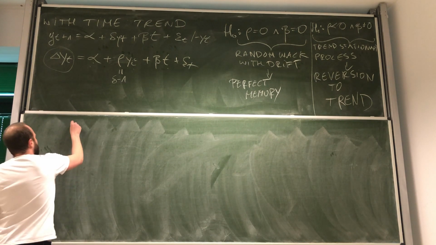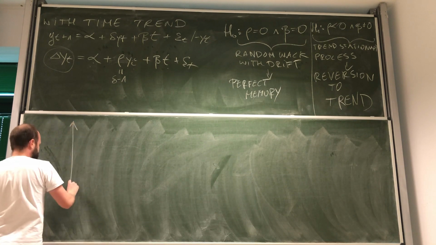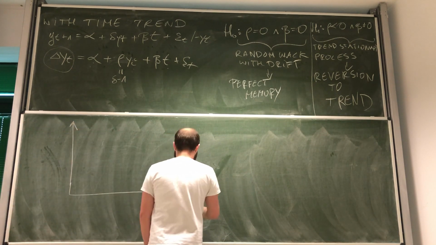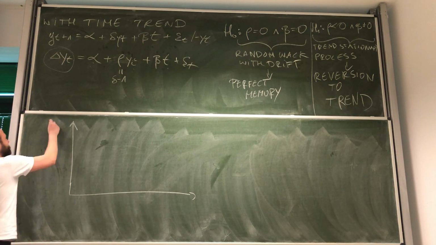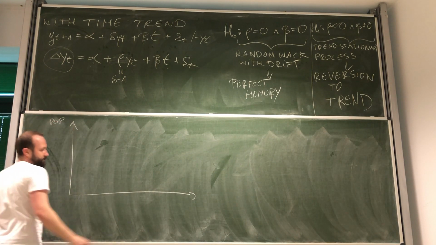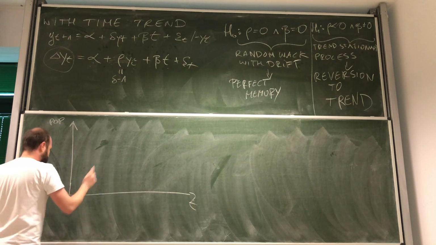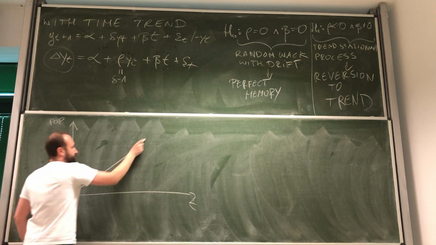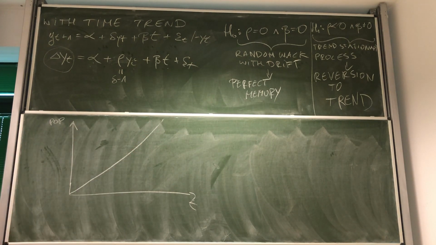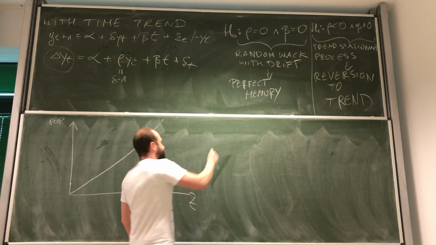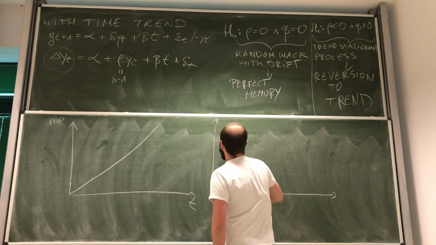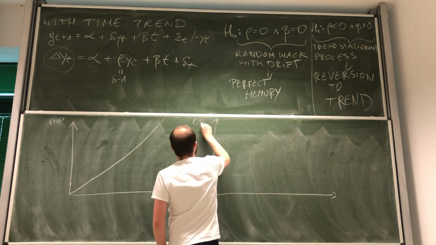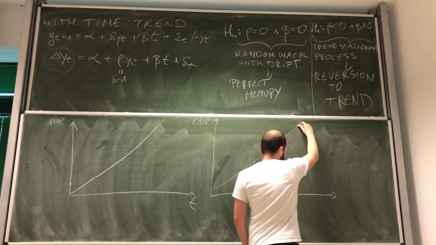Okay, imagine two variables. One is population, and let's just say that the graph of this looks like that. And the second one is GDP. And the graph looks like this.